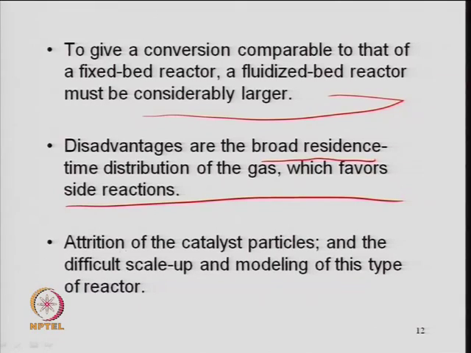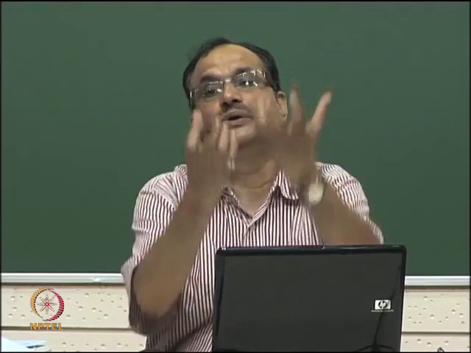Another issue is the attrition of the particles. When you do the fluid catalytic cracking, you need to look at the mechanical strength of the particles. In a packed bed, the problem may not be there, right, because they are already in the bed, and you have given enough void. So, pressure is not an issue. But in the fluidized bed reactor, these particles are continuously moving up and coming down, and they are colliding with the other particles also, right.